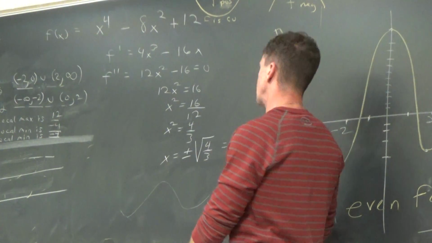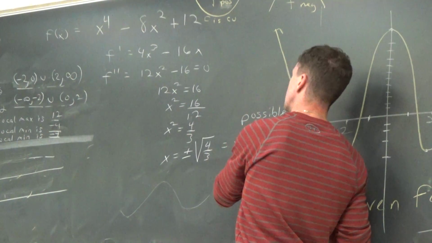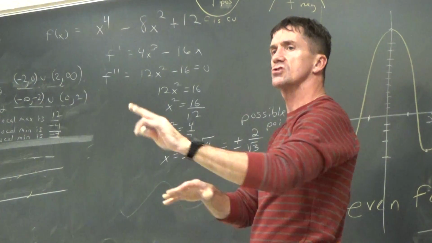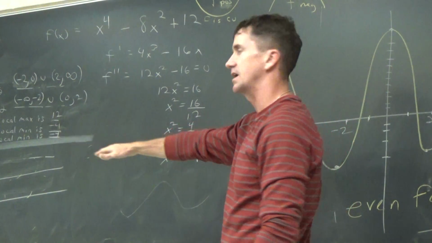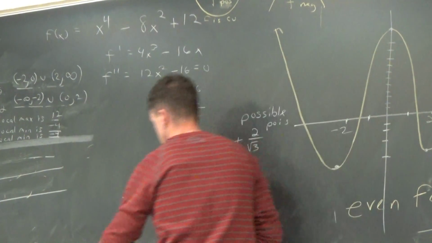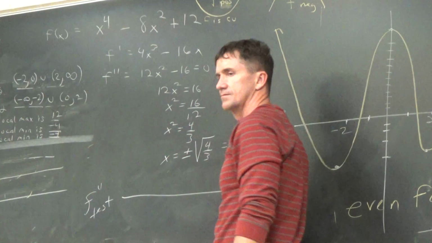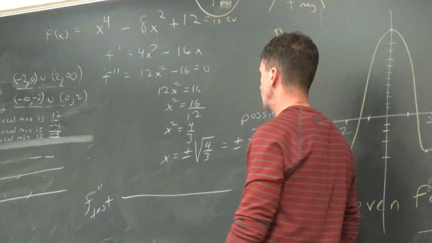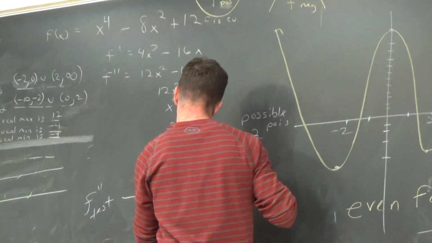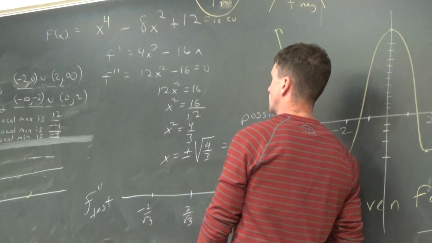Now these aren't points of inflection yet; they're possible points of inflection. Maybe they are. How do we know it's certain that they're points of inflection? We're going to check to see if the concavity changes. So what test do we do? Second derivative test. Negative 2 over square root of 3, and 2 over square root of 3.